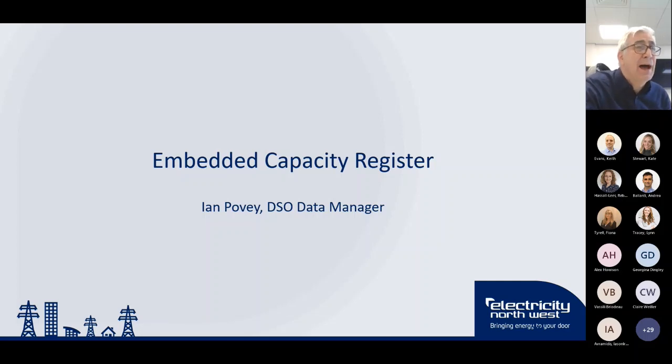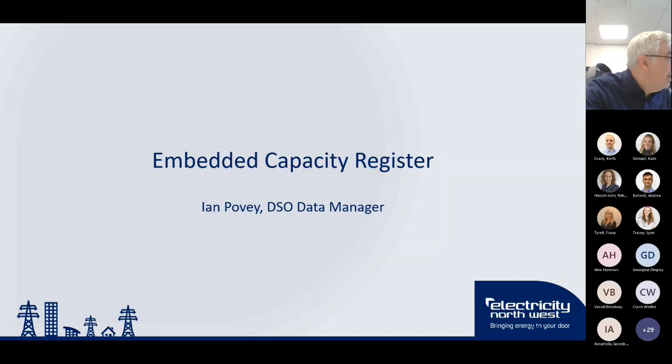At a similar time, the VAIS panel of technical experts wanted to know more about what generation was connected to our network. This was in relation to the capacity market and to be able to accurately forecast what generation would need to be dispatched. You would need to also know what generation was happening on the distribution network operators' networks.